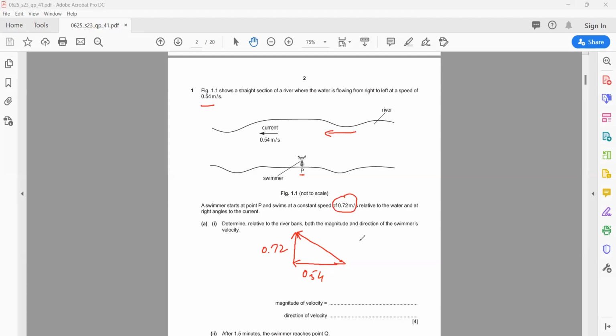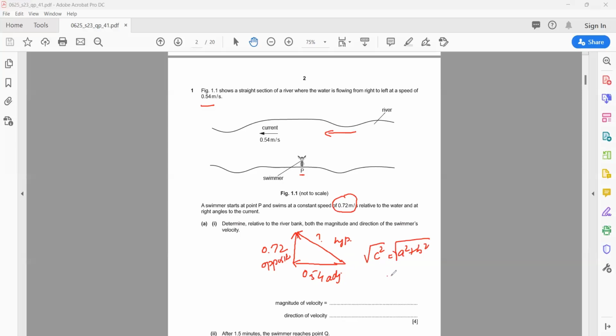If you see the resultant vector, we have to find its magnitude. If you want to do it in a mathematical way, this is the opposite, this is the adjacent, and this is the hypotenuse. To find the hypotenuse, you have the Pythagoras theorem, that is c squared equals a squared plus b squared, then square root.